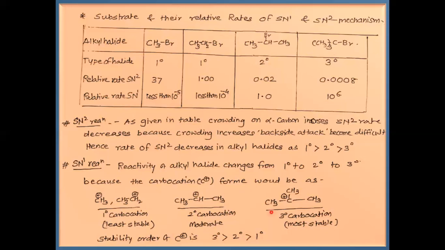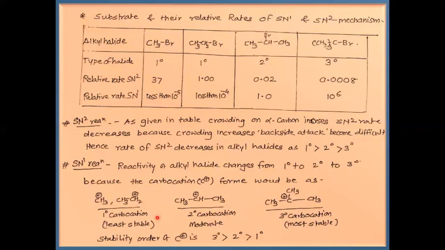So here we have seen that the tertiary carbocation has planar geometry, and because of planar geometry, the nucleophile can attack from both sides, back side as well as front side.